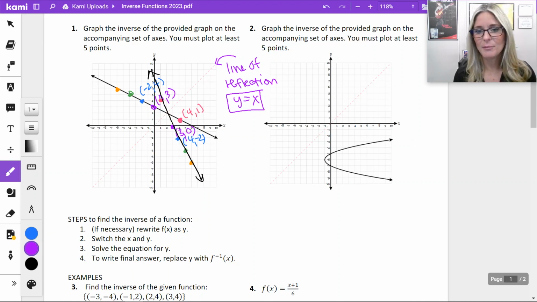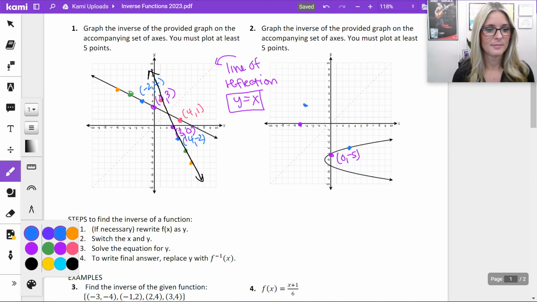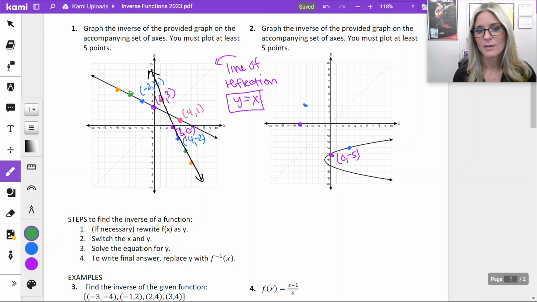So on number 2, I'm looking and I see that we have a (0, -5). So on my new inverse graph, it would be (-5, 0). This point is catching my eye. We have (3, -4), so I'll have (-4, 3). What about, let's go here, (-1, -6) would have (-6, -1).